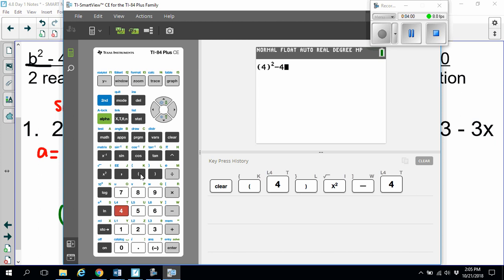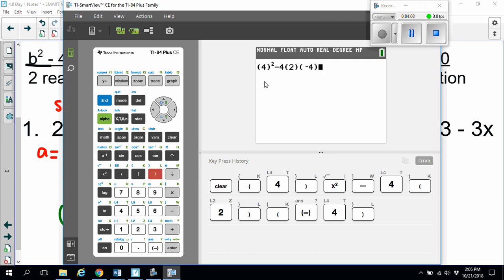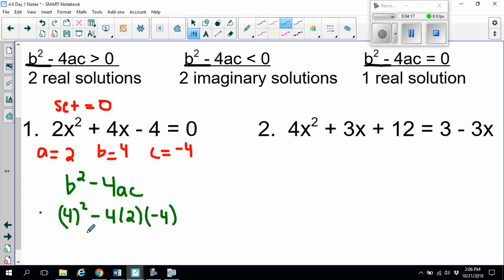And then using parentheses, I have times 2, and then another parentheses times a negative 4. So when I plug this whole thing in, it allows me to get the correct answer, which I get 48. So we have 48 as our discriminant.